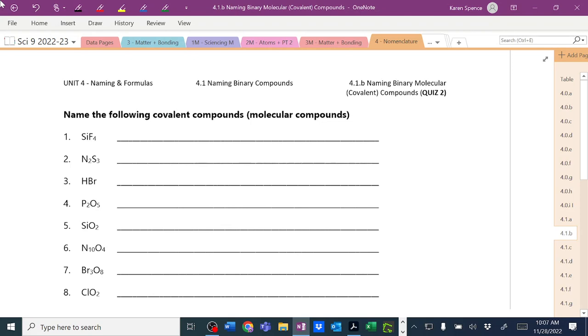A metal and a non-metal. Okay. So if you have a metal and a non-metal, that's going to give you ionic, and there's no prefixes. If you have non-metal and non-metal, then that's going to be covalent, and that does need prefixes. So maybe do a little more practice on that one? Cool.